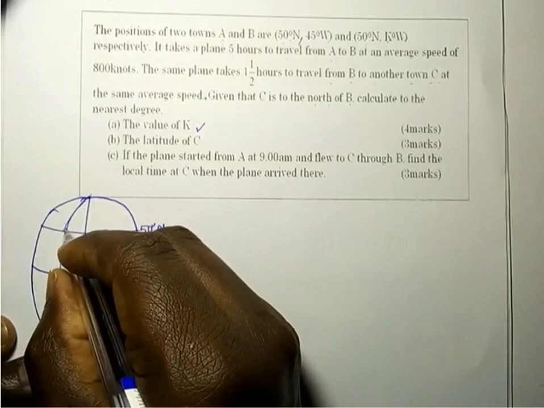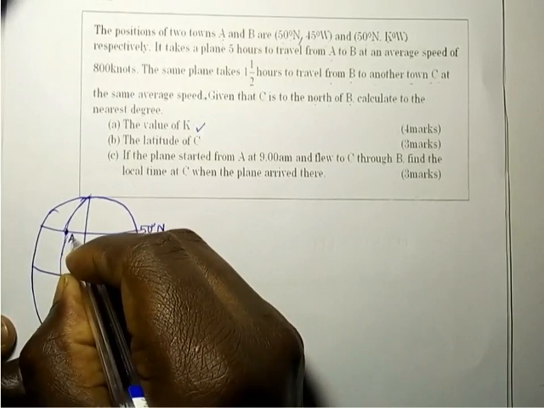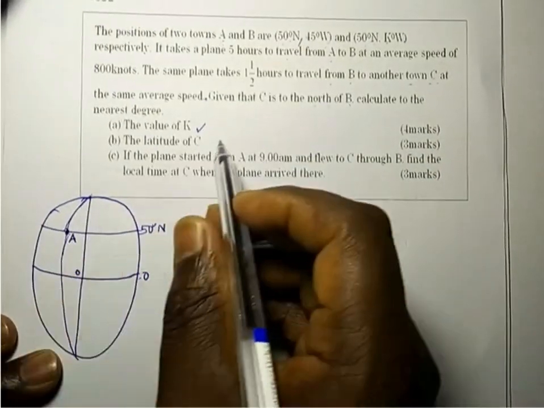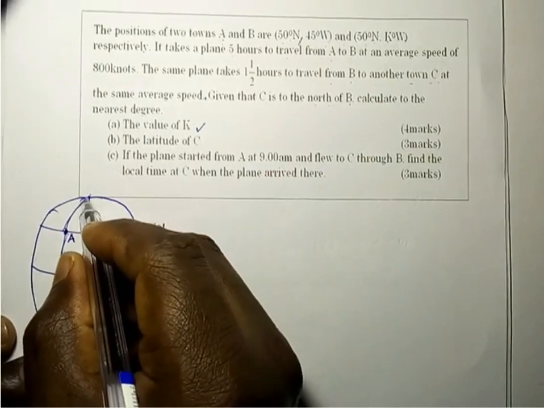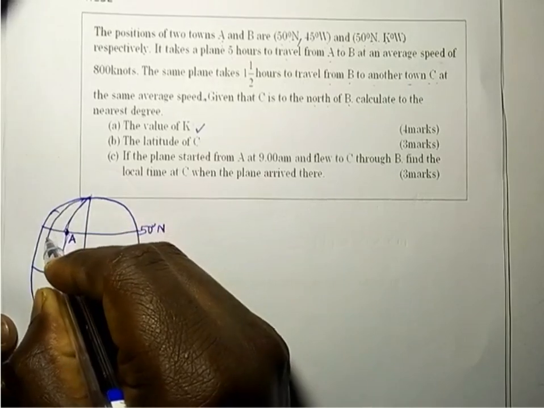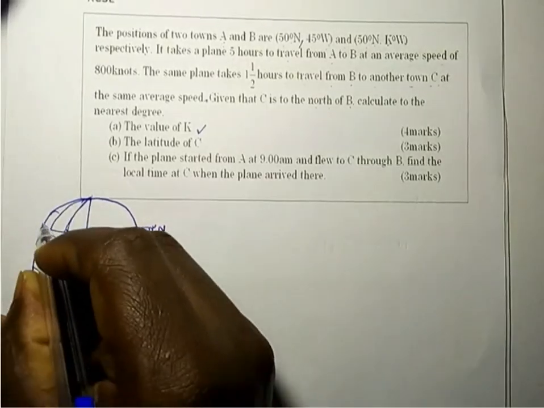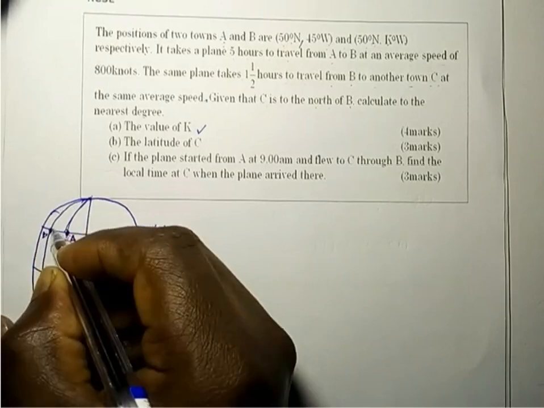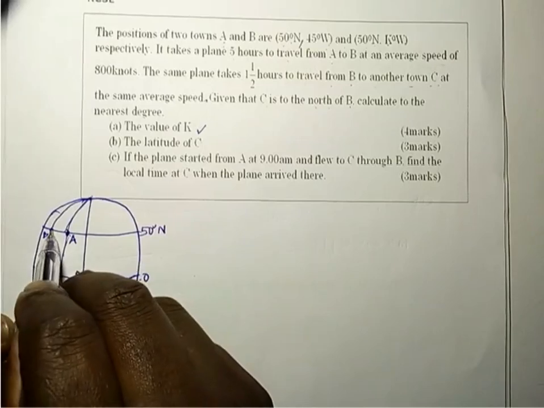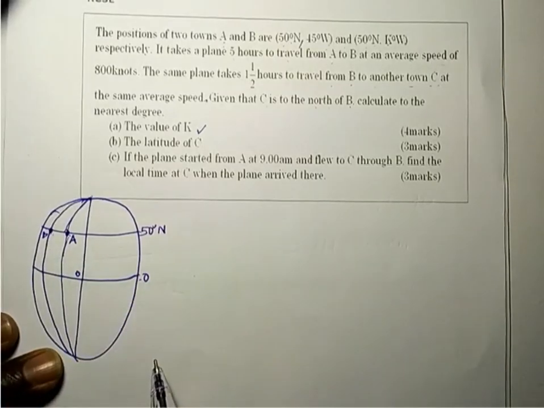So here is our point A. Our point B is the same latitude but to the west again. We guess it could be somewhere there. We don't know where it is. So let me say this one is point B. It is on the same latitude but we don't know the longitude, so that's what we are looking for.